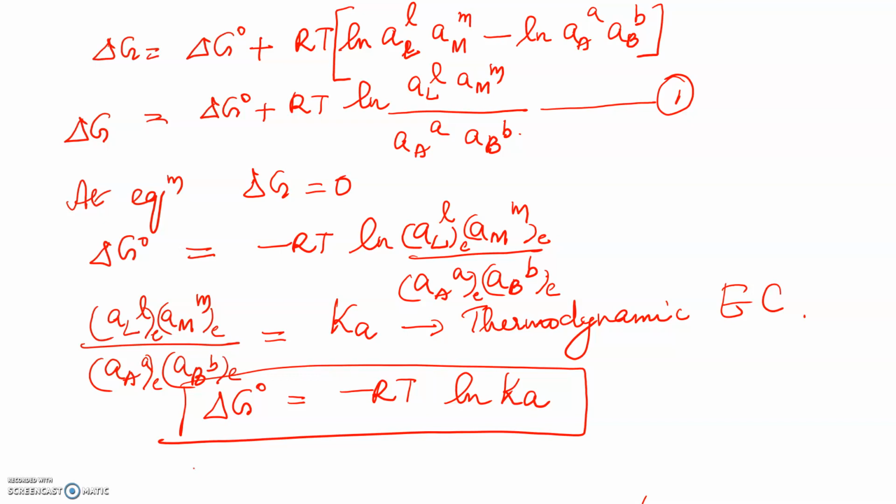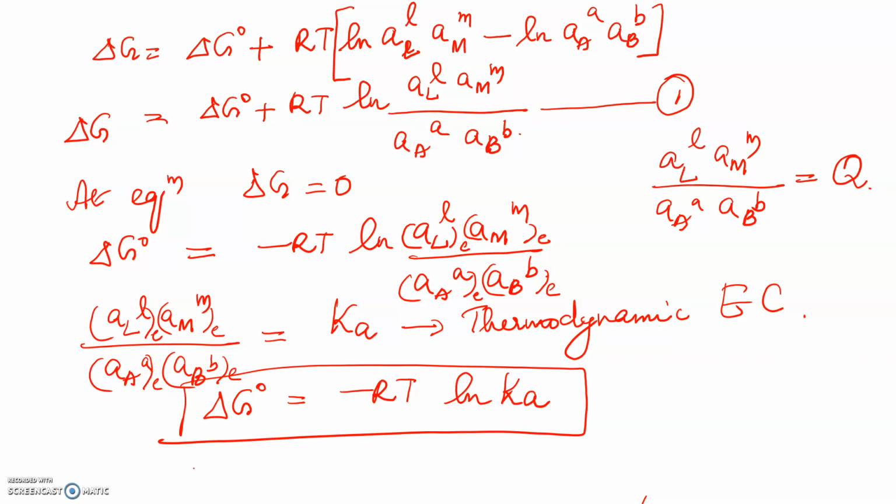Okay, so we have a term here, AL raised to l into AM raised to m divided by AA raised to a into AB raised to b. Let it be equal to Q, which is known as the reaction quotient.